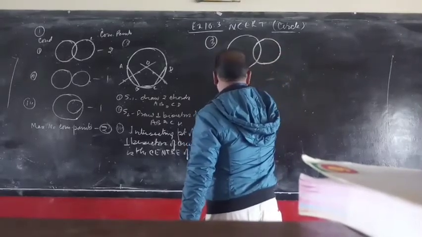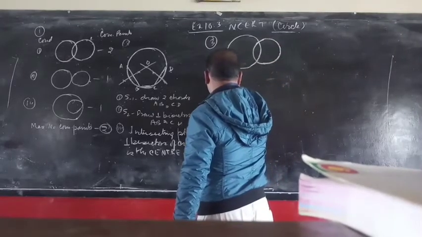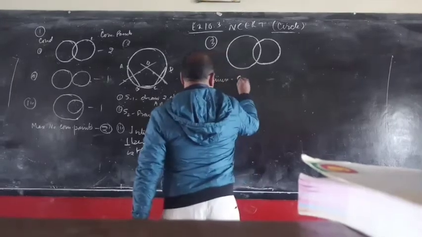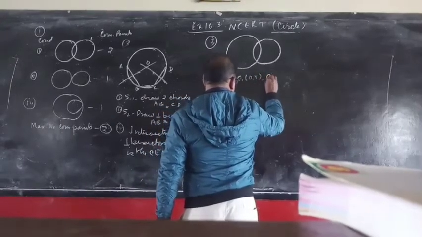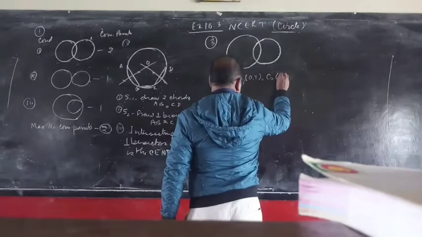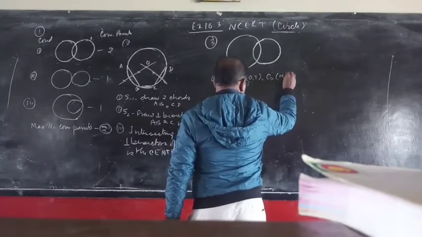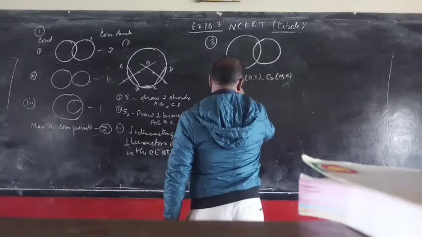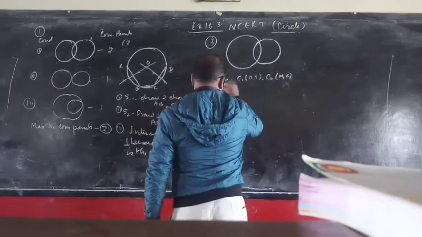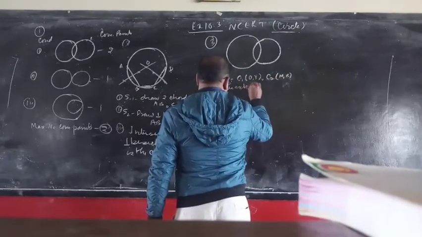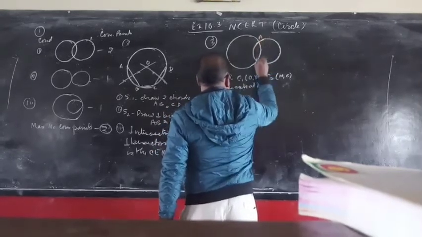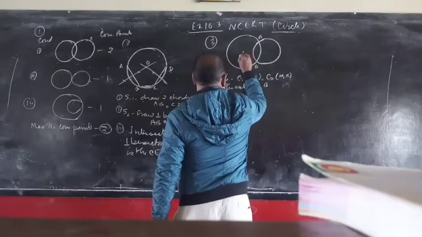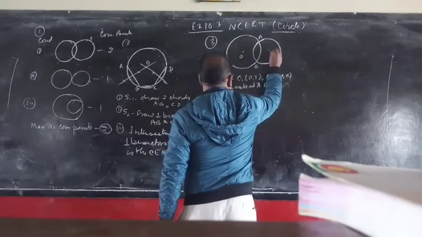These two circles are given. Circle 1 has center O and radius R, and circle 2 has center M and radius R. They intersect at A and B. This circle is O and this circle is M.